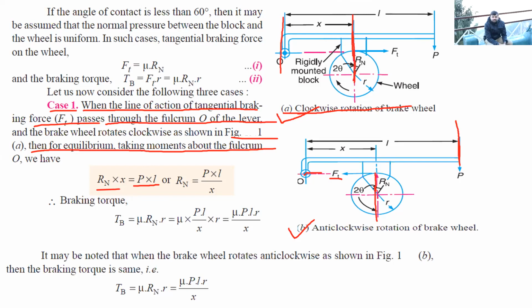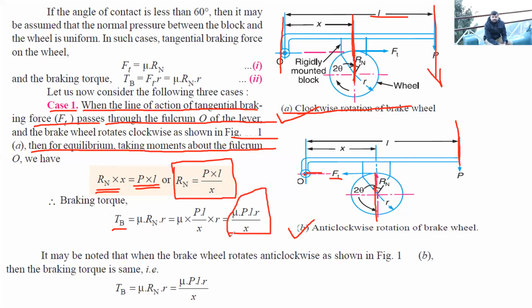So this will try to turn this entire system in anti-clockwise direction about this point O. Okay, and the other force P is going in this direction, and it is at a distance of L from this fulcrum point. All right, and this will tend to rotate this entire system in clockwise direction. So in equilibrium, these two moments would be equal in magnitude, and hence we can write this Rn is equal to P into L upon X. All right, and hence the braking torque TB would be equal to mu into PL into R.